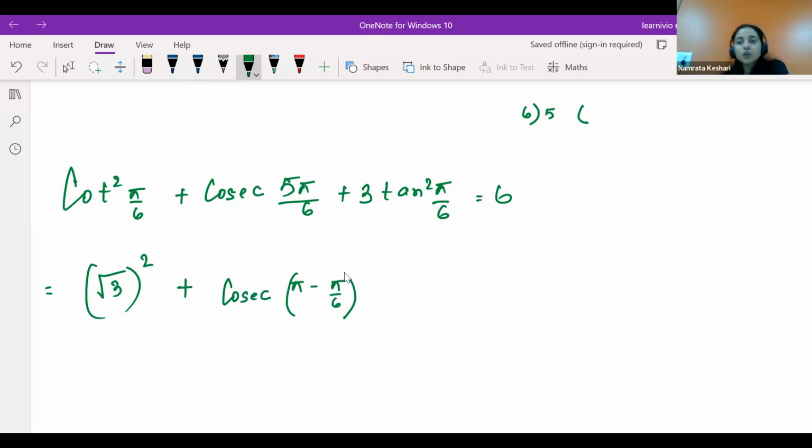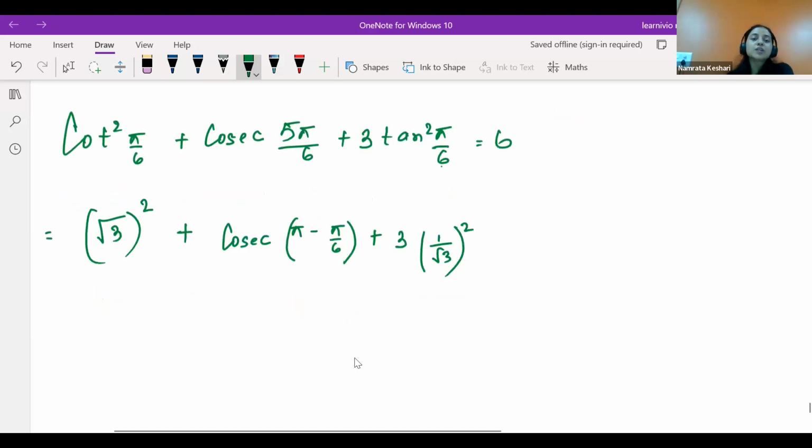Always you will not be getting it directly. You have so many angles: 3 pi by 2 plus theta, 3 pi by 2 minus theta, pi by 2 plus theta, pi by 2 minus theta, 2 pi minus theta, 2 pi plus theta. From there you try making one of them, whatever is possible, so that you can do the conversion after that. And tan square pi by 6, 6 in the denominator means 30 degree. So tan 30 degree value is 1 by root 3.